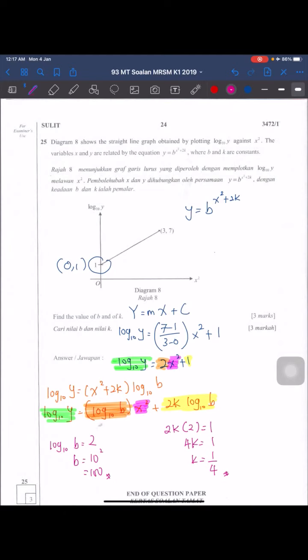Okay, so tamat dah perbincangan kita untuk paper 1 SPM MRSM. Saya harap awak dah faham from the first part, last week, previous class and this class. So kita dah complete 25 questions.